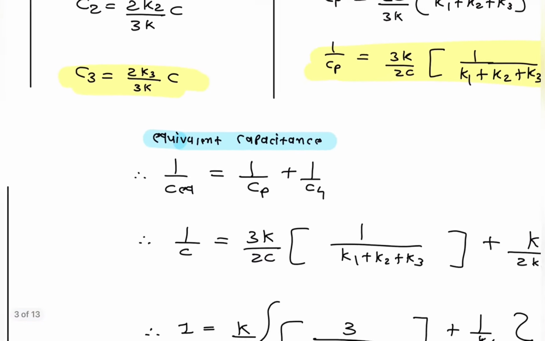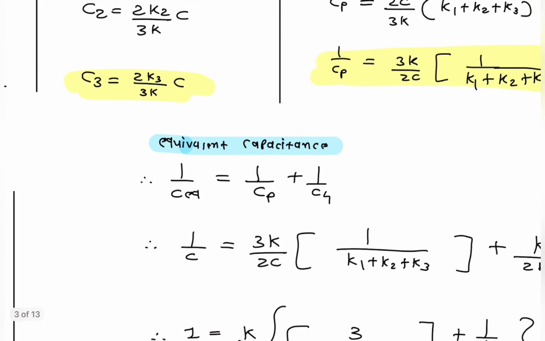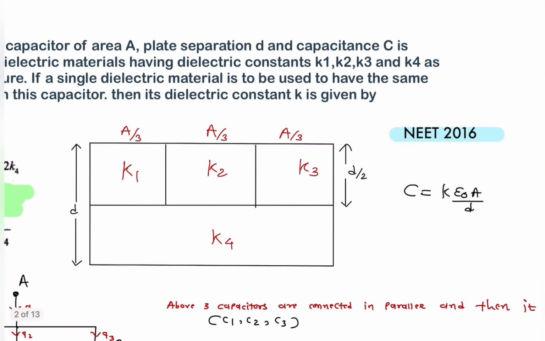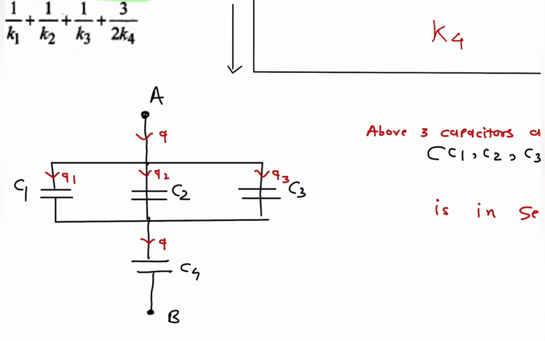Now the equivalent capacitance of the whole combination is 1 upon C equivalent equal to 1 upon Cp plus 1 upon C4, because these three capacitors, which are connected in parallel, are connected in series with C4. So Cp and C4 are in series combination.